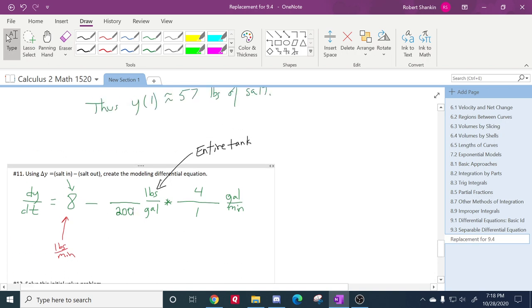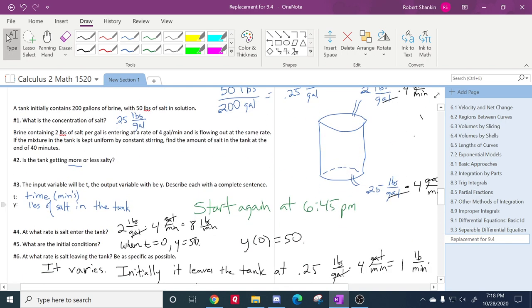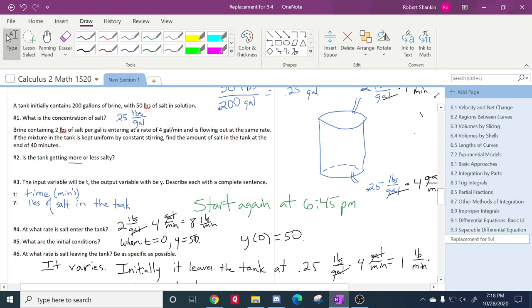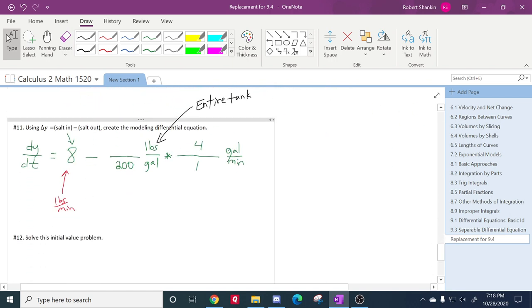But then I realize that's what we set up as this variable. The pounds of the salt in the tank at any time t is y. That's what goes right there. And then we simplify this to dy dt.